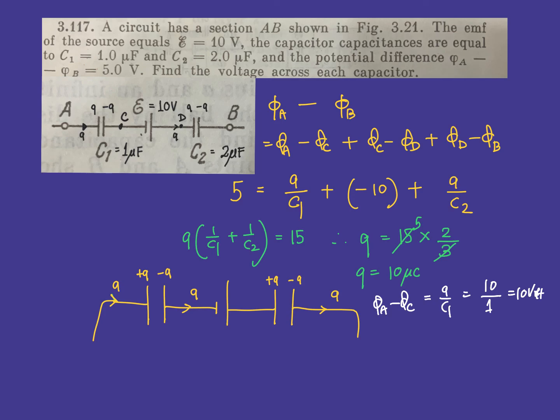And another one, phi D minus phi B, this capacitor C2. Phi D minus phi B is equal to charge Q by C2. That is 10 by 2. That is 5 volts.